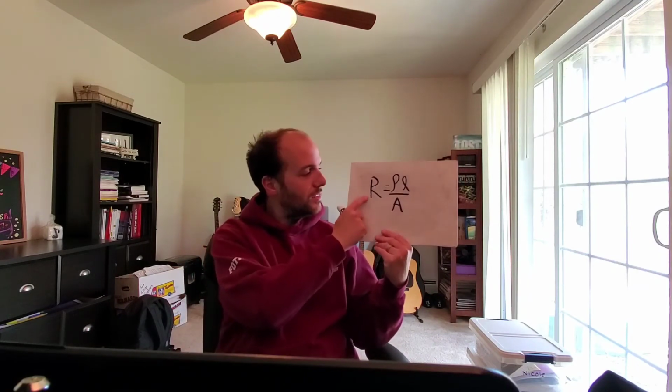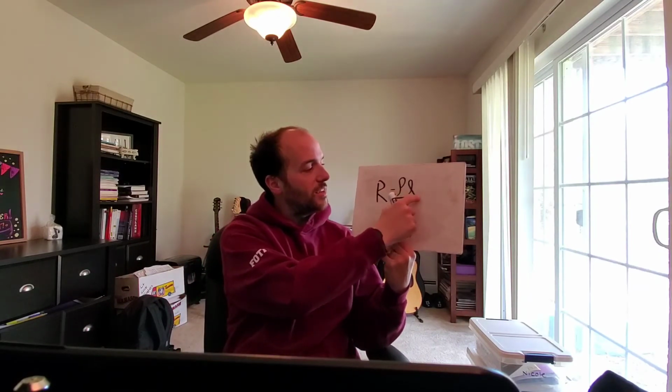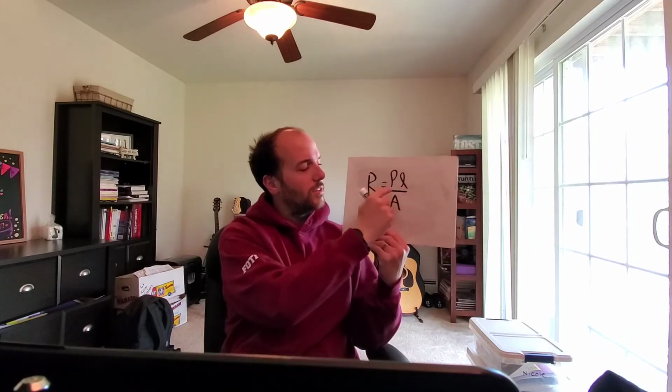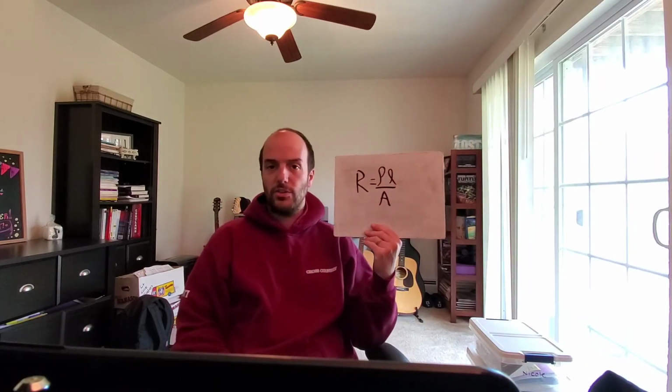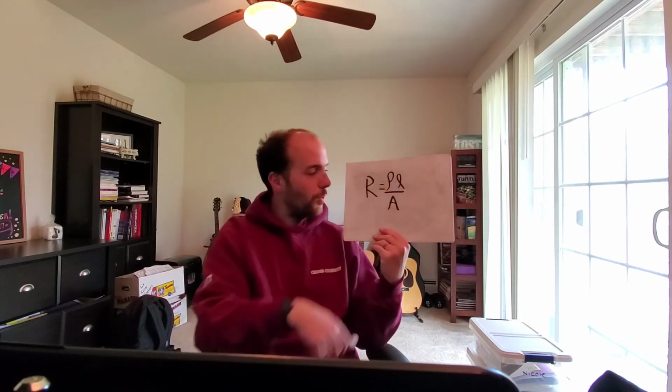So you end up with an equation that looks like this. Your resistance equals the resistivity times your length, all divided by the cross-sectional area. Okay, so there's your equation right there. Now, let's talk about units for a second. The unit for resistivity is this right here.